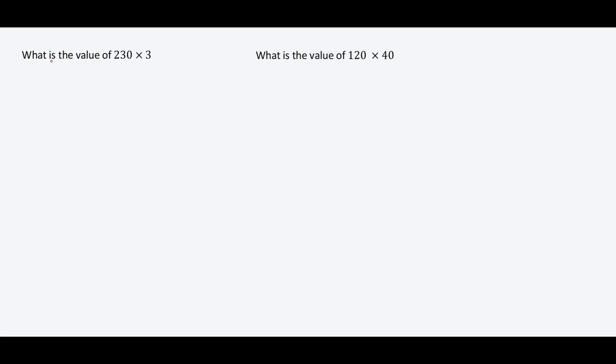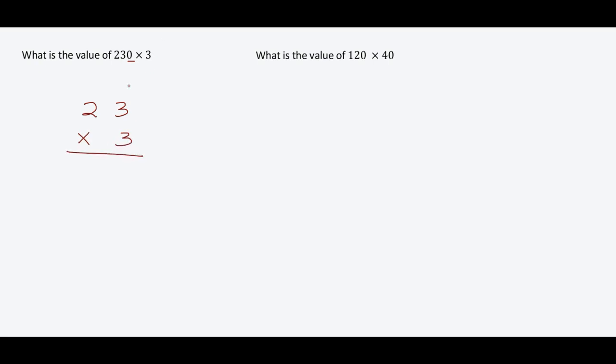So what is the value of 230 multiplied by 3? So we have a 0 at the end of 23 and there's no 0 anywhere else. So what this is trying to tell us to do is we're going to multiply 23 by 3.